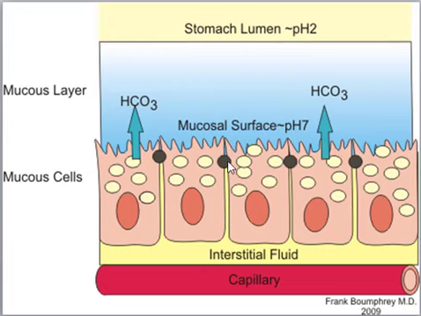Here there is a tight junction between the cells. There is no space, so no substance or molecule can pass between the cells. This is important for the protection of the gastric cells from the acidity and the enzyme digestion present within the lumen of the stomach.